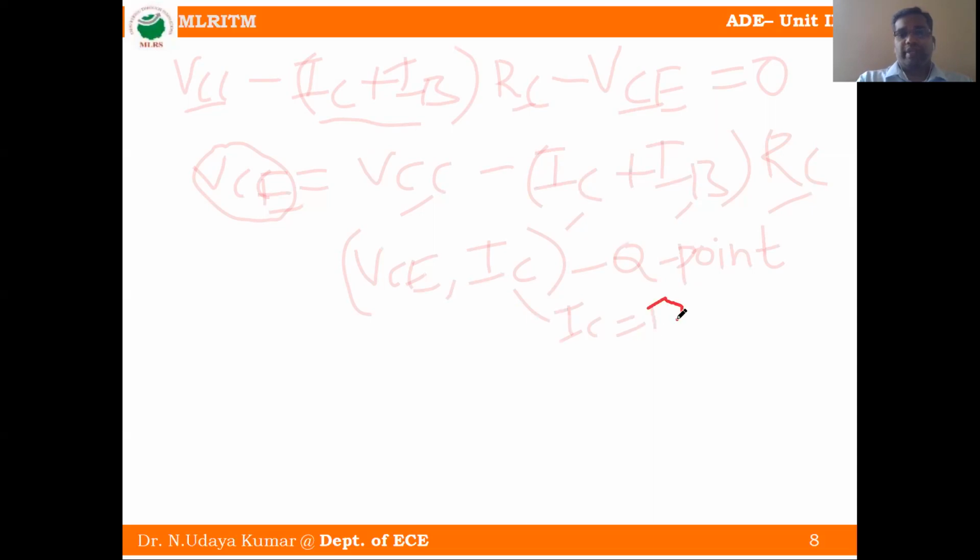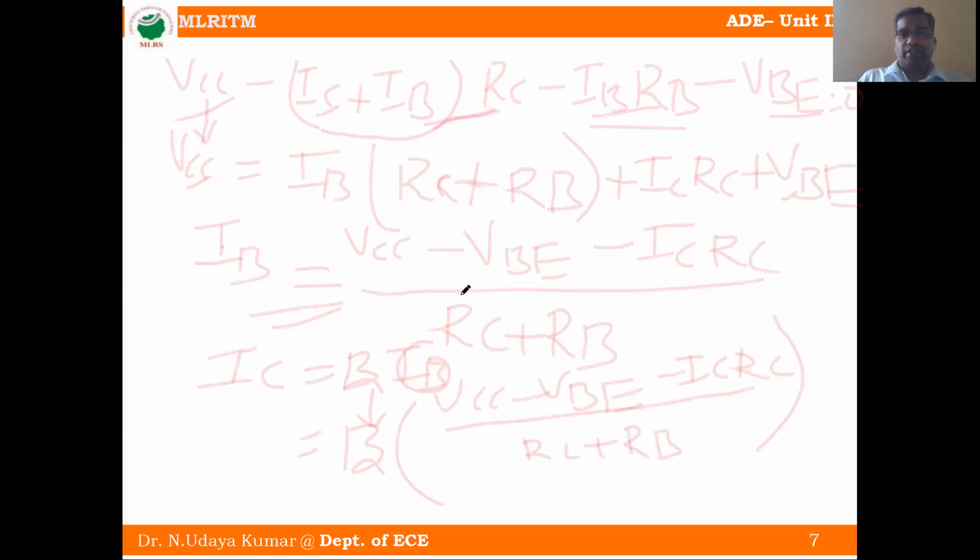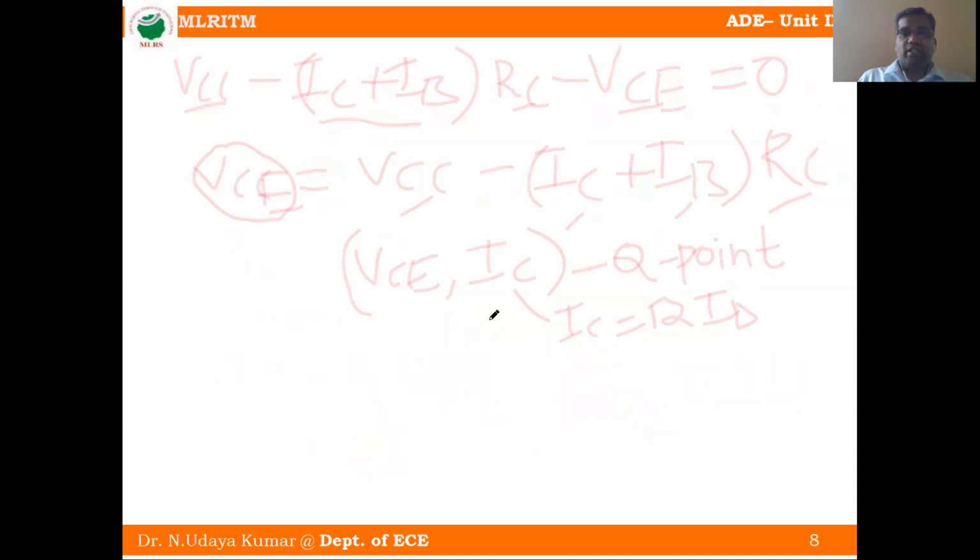IB is equal to VCC minus VBE minus ICRC by RC plus RB. Now we have already calculated VCE and IC.